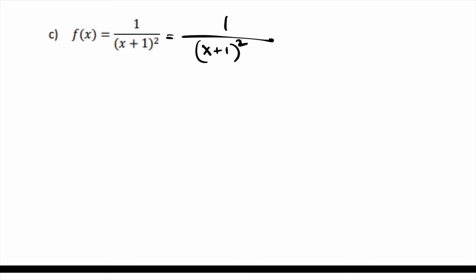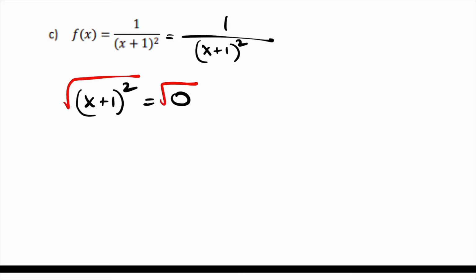Since it's already factored, set the bottom equal to 0. Get x by itself. How do I get rid of the square? Square root both sides.